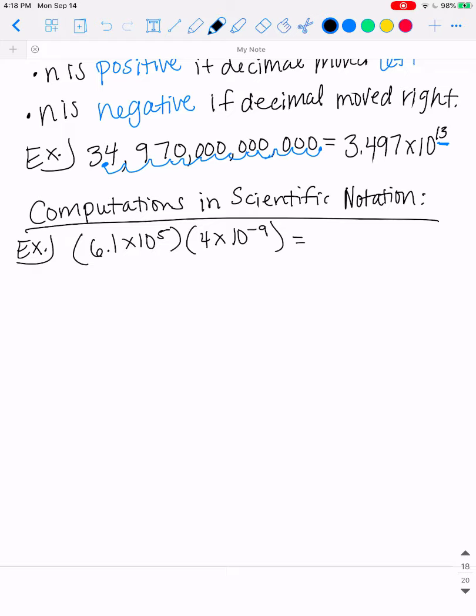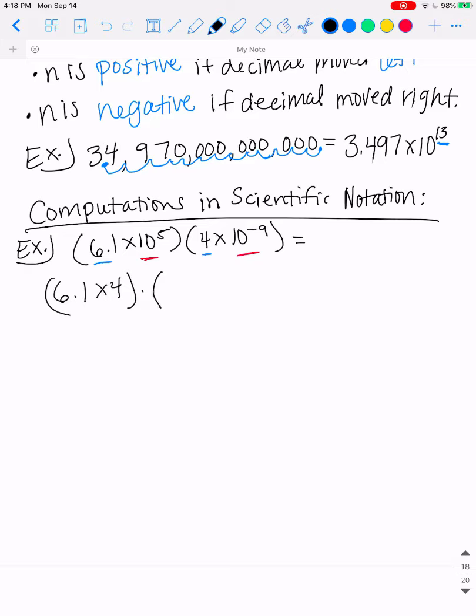Let's regroup the terms in our expression. I'm going to group the numbers, and then group the 10 exponents.